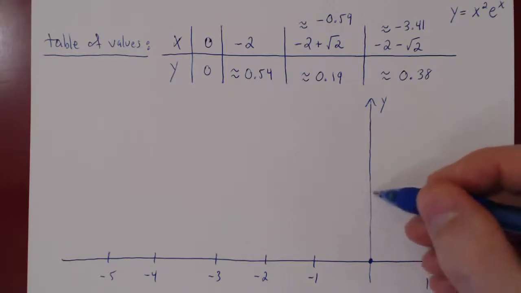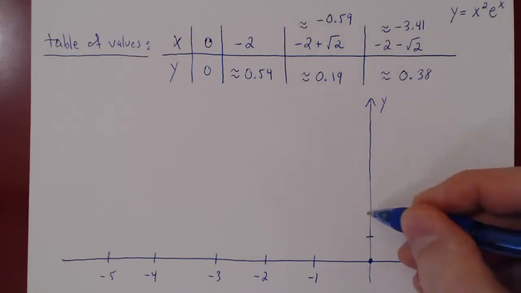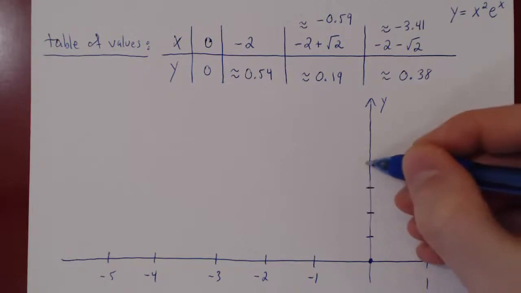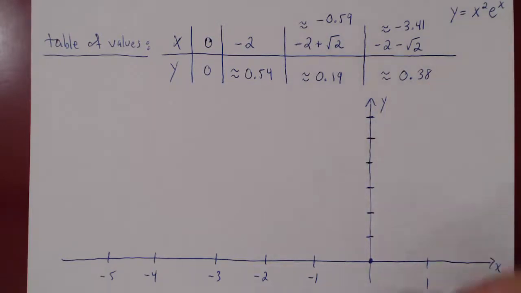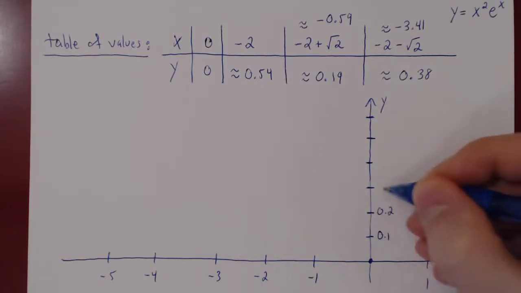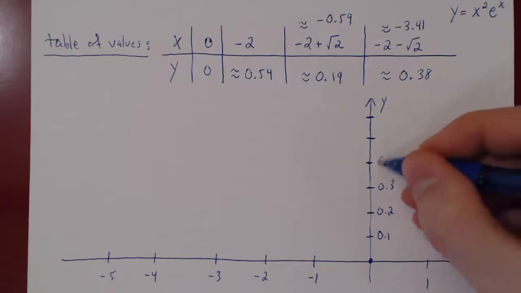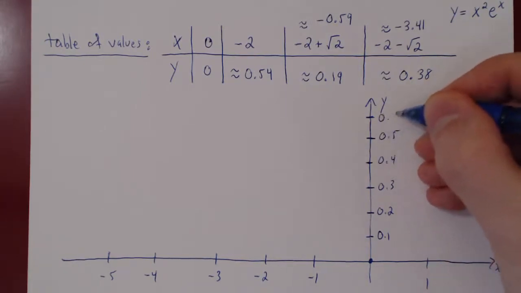So 0.1, 0.2, 0.3, a little too big, 0.1, 0.2, 0.3, 0.4, 0.5, 0.6.